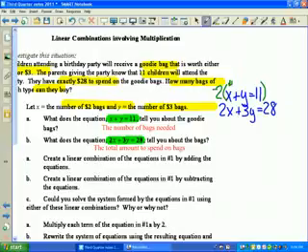In order for us to add, we have to have the same number, different signs, right? So multiplying by a negative 2 gives me a negative 2x minus 2y equals a negative 22. That will take care of everything.